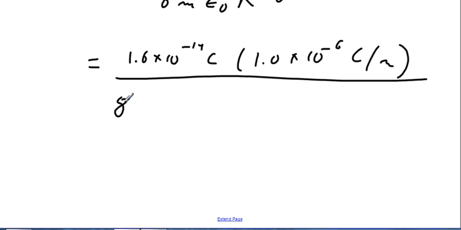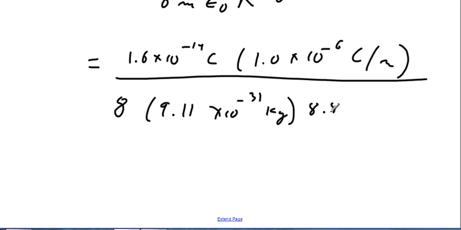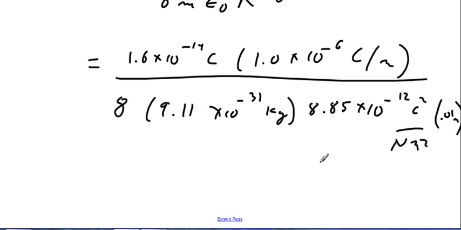My 4 stays in, mass of an electron, 9.11 times 10 to the minus 31 kilograms, epsilon naught, 8.85 times 10 to the minus 12 coulombs squared per newton meter squared, times my r, 0.01 meters, and I almost ran out of space.